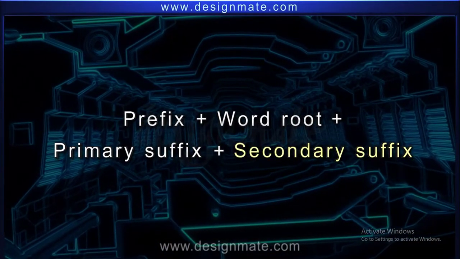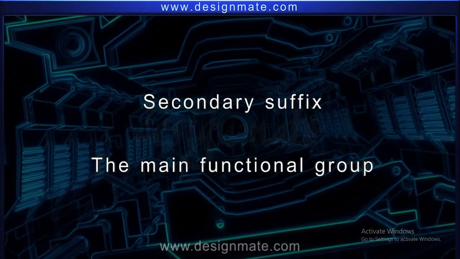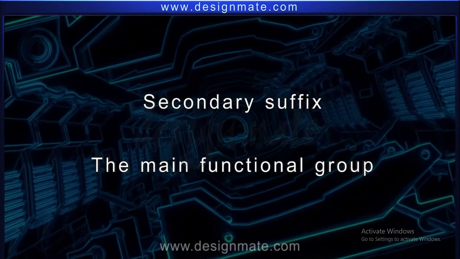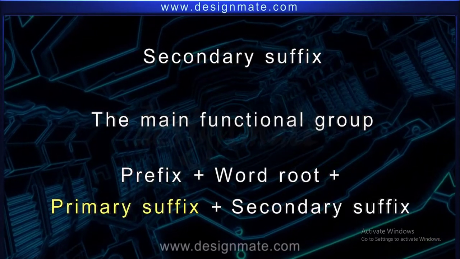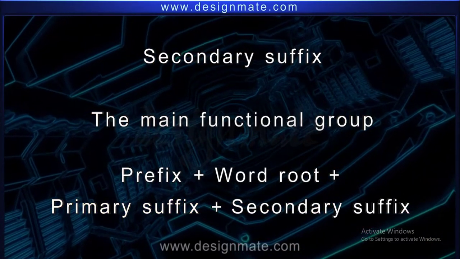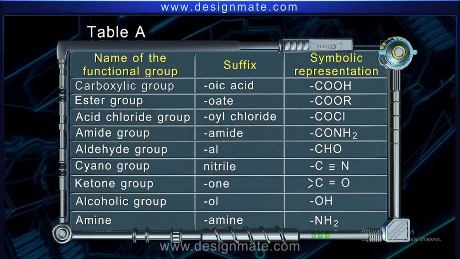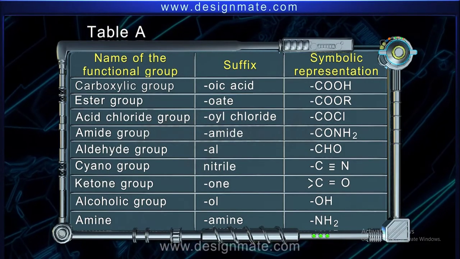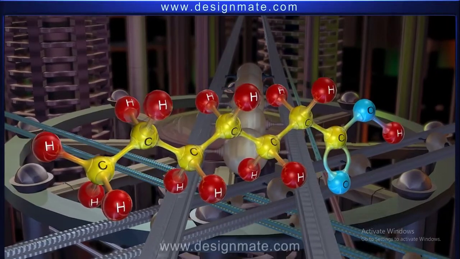Step 3. Add a secondary suffix to the primary suffix. The secondary suffix indicates the main or principal functional group in the organic compound and is added immediately after the primary suffix. The names of these functional groups, along with their symbolic representation, are as shown in Table A. Let's name this compound using our knowledge of IUPAC rules.